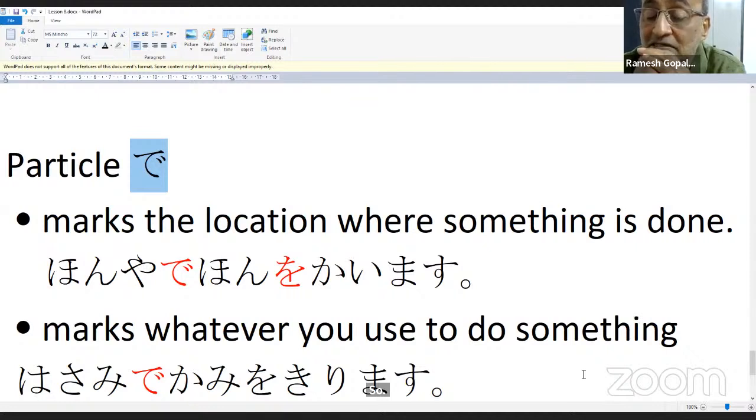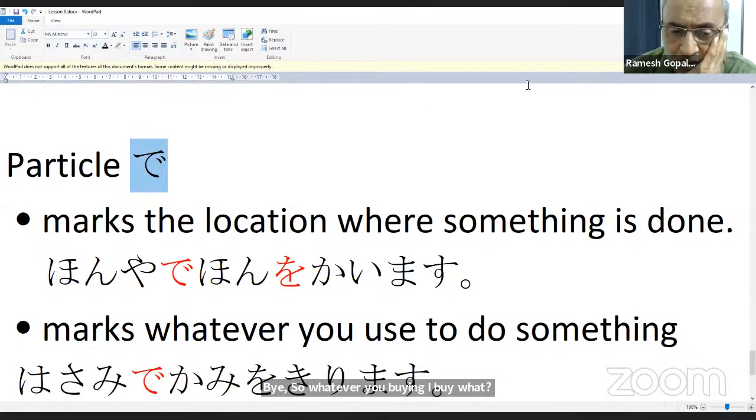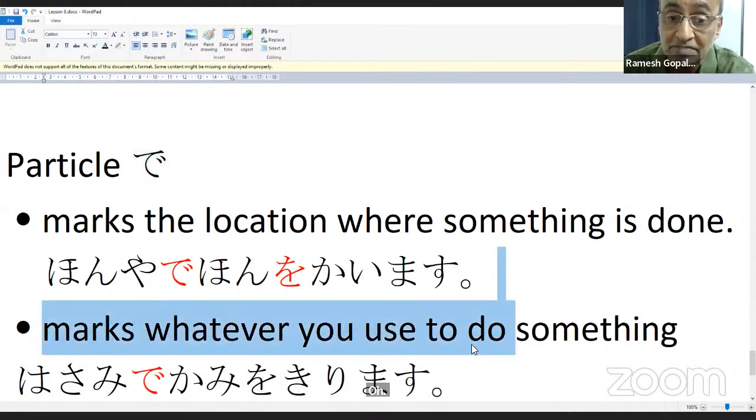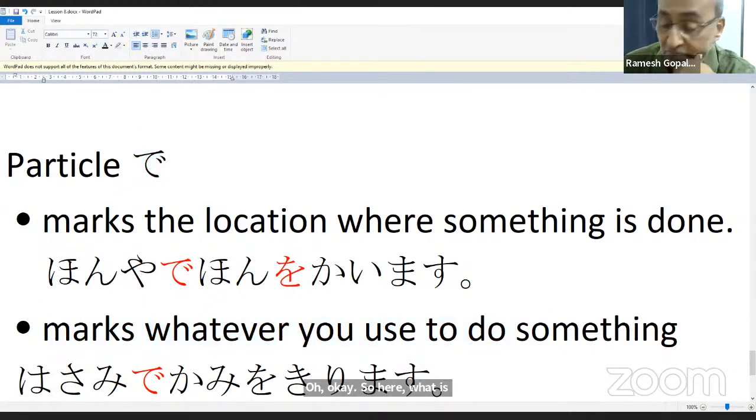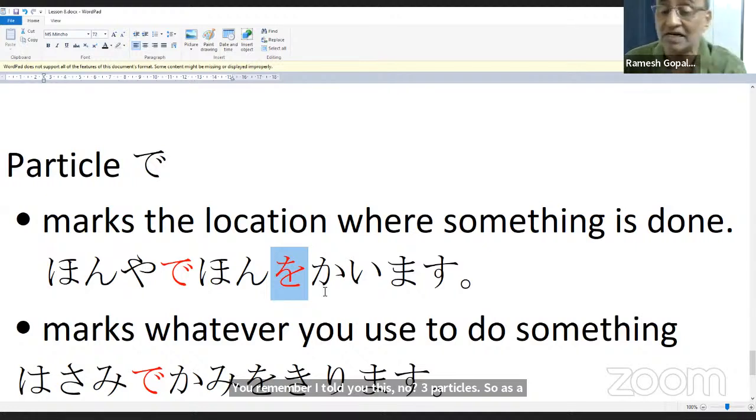So what is the particle you'll use for vegetables? O. Okay. So here, it's not wo, it is o. Remember I told you this? As a particle, it is o. But the kana is wo.